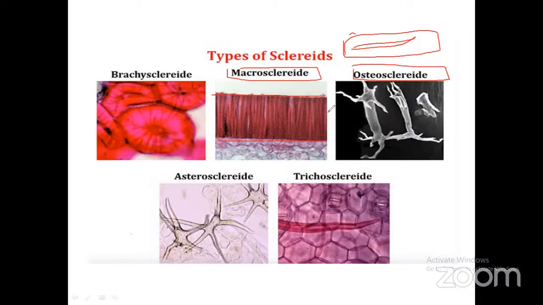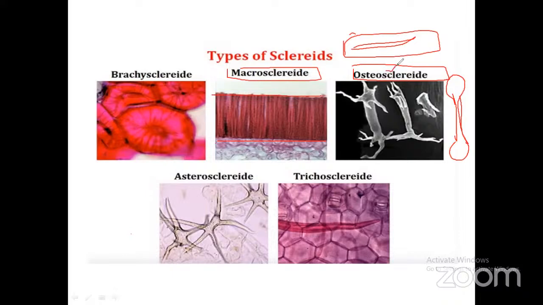They are elongated cells like macrosclereids, but with bulged ends like bones, both poles bulging, like this. So this is called osteosclereid. Osteosclereids are found in the seed coat of Pisum.